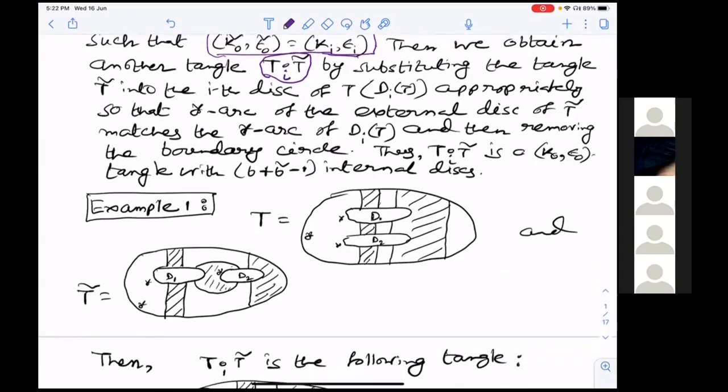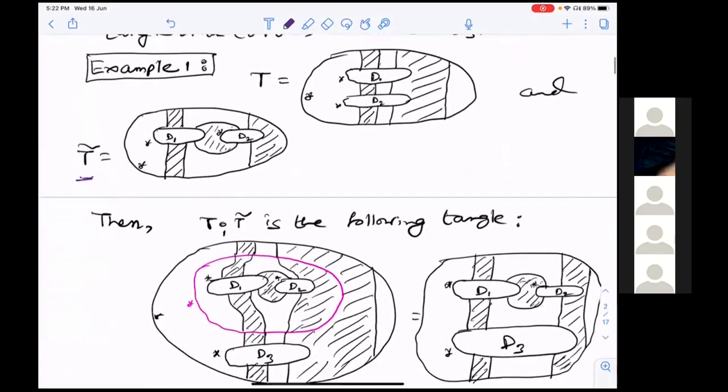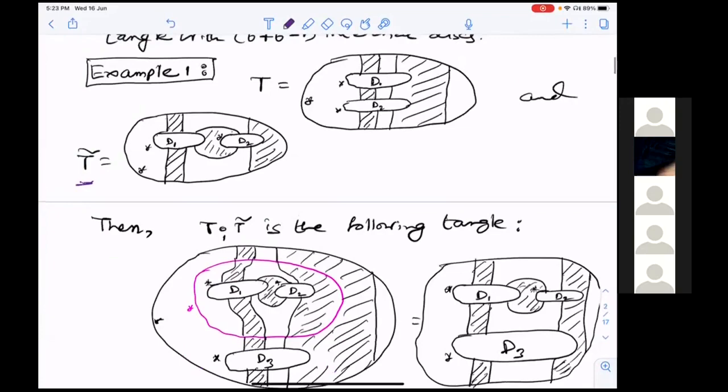Now this is my T tilde, whose external disk color is 3+. How many points are there? 1, 2, 3, 4, 5, 6. So the color is 6/2, that is 3, and the star is in the white region, so it is plus. This is 3+. And we want to define T circle 1 T tilde.